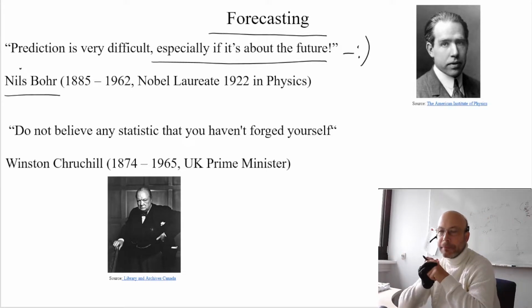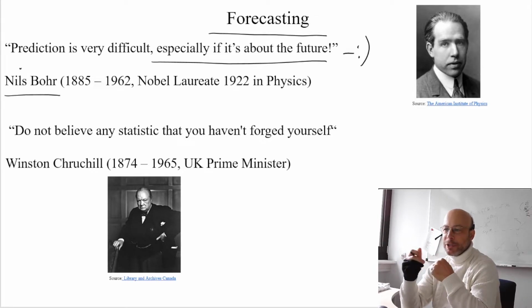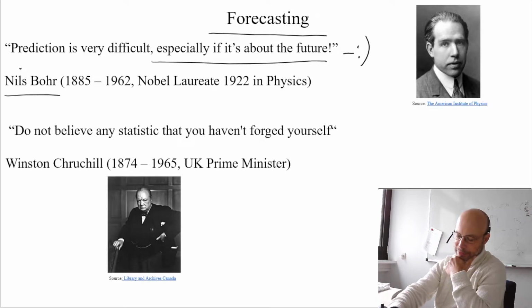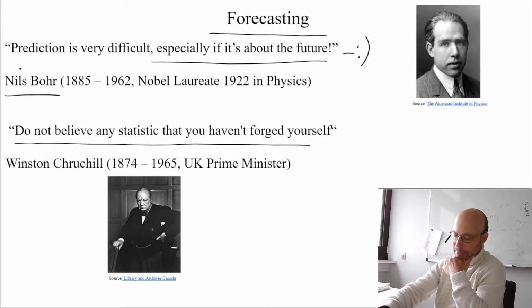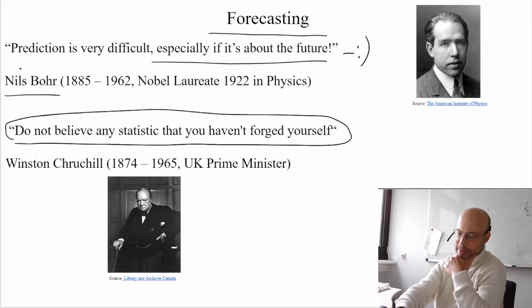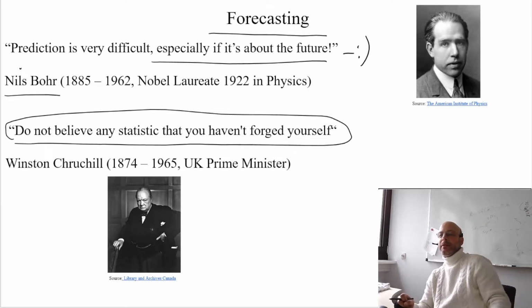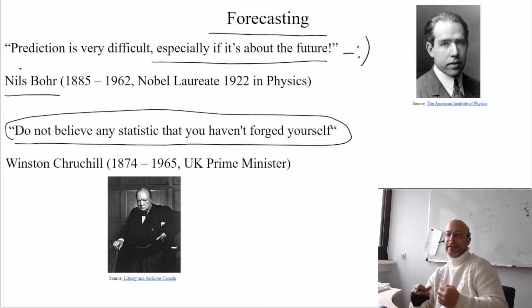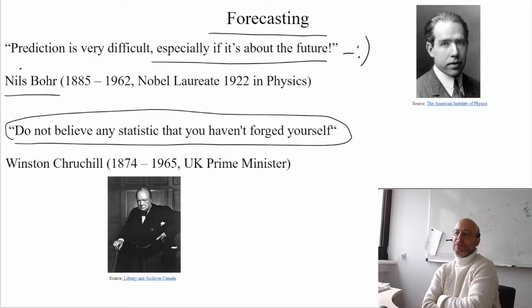Or if you take Winston Churchill, and he should have said that you should not believe any statistic that you haven't forged yourself, which just means you can take a data set and just calculate and recalculate, and then you get out of it what you want.